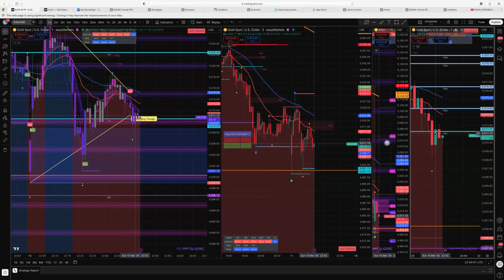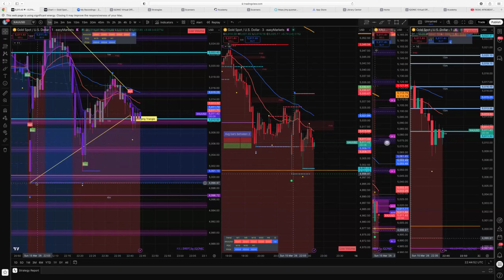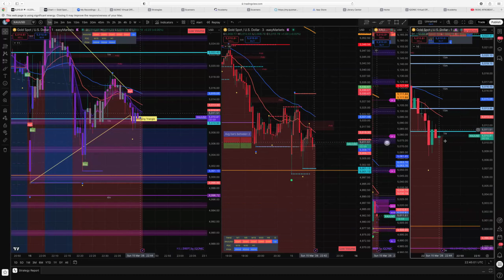But I have such a feeling that it's gonna come and break down here. It almost hit here before and then pulled back. You can see, look, how it's coming down.